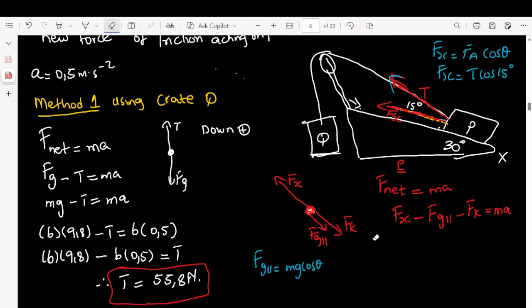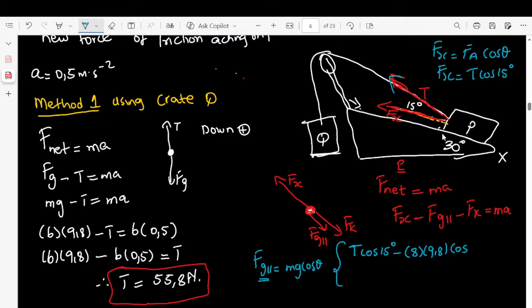Let's rewrite this. So this will be the tensional force, which is T, the cos 15, that's my Fx, minus Fg parallel, we said its mass, which was 8, 9.8, the cos, pay attention, this is a perpendicular, it's a component.